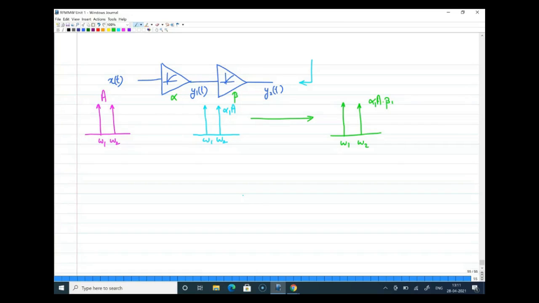Along with this, it will also produce a direct third order term. Let me mark it here.